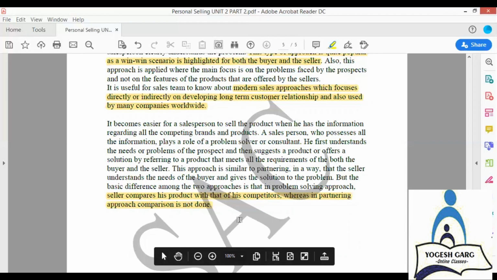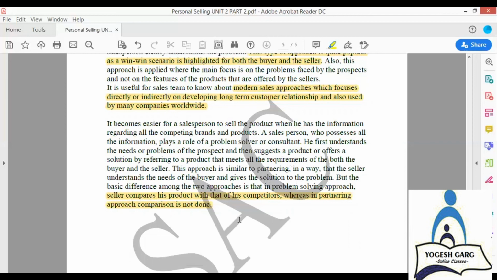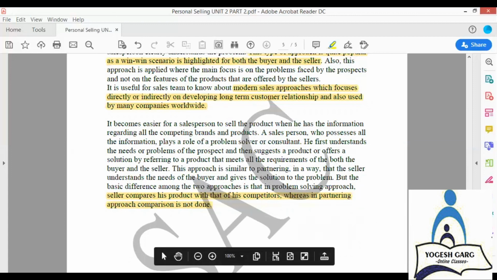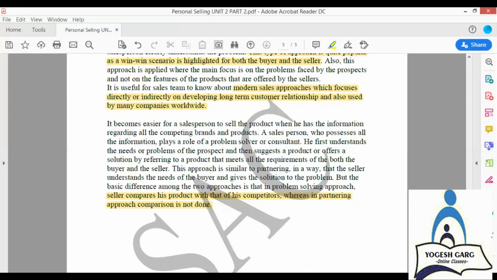Why is there no comparison? Because the agent and the company have their own partnership, and the agent and the buyer have their own partnership. So there is no question of what other companies are offering in partnering techniques. But in problem solving or consultative selling, the salesperson has to ensure how their product is better than the competitive product.